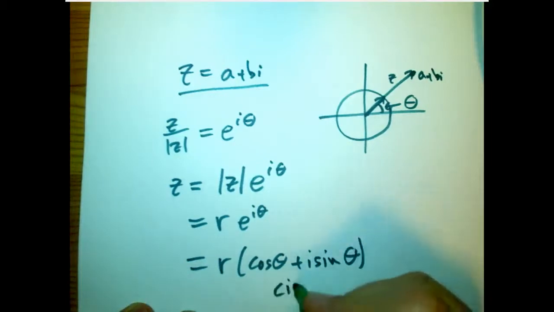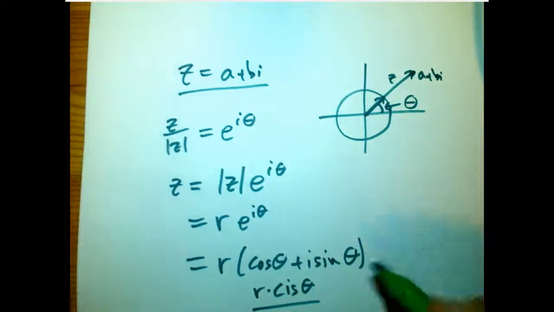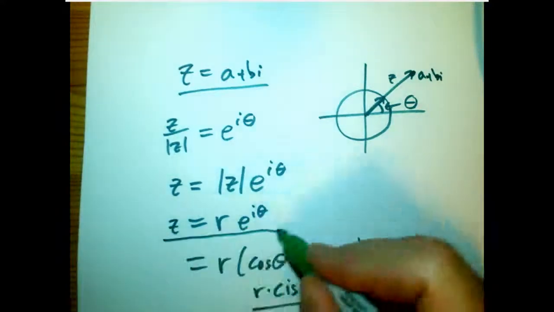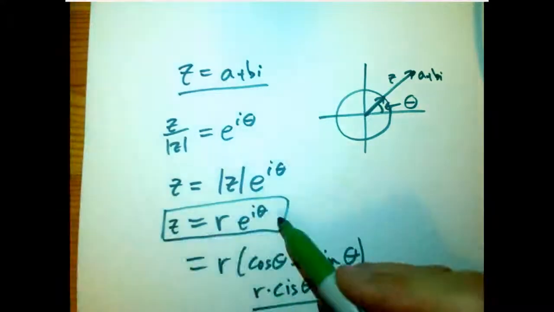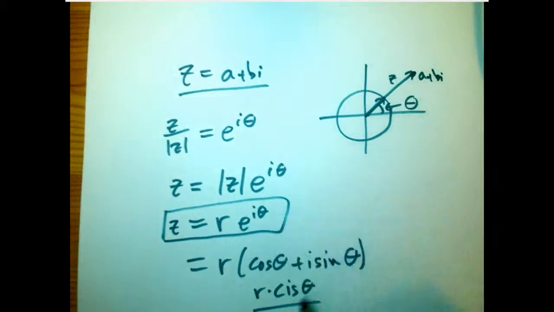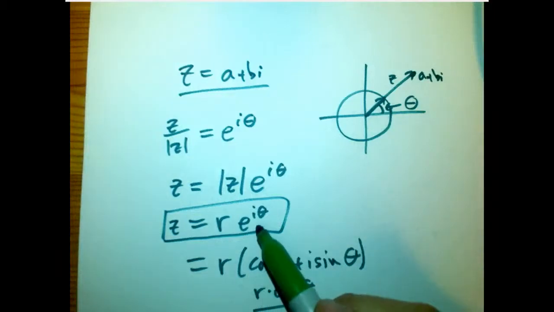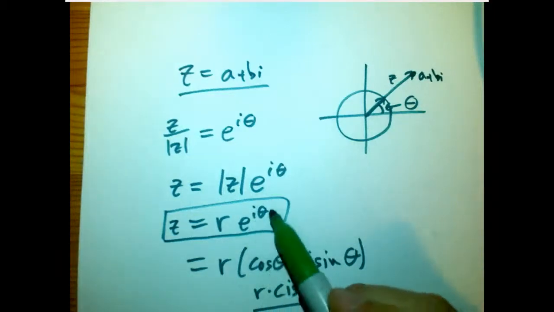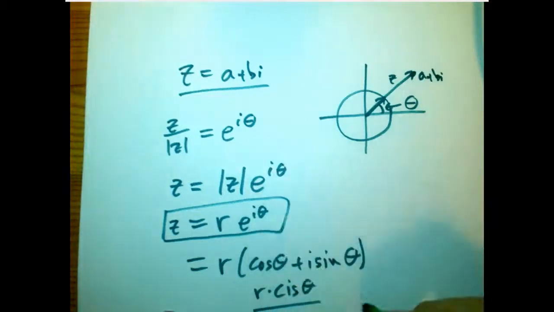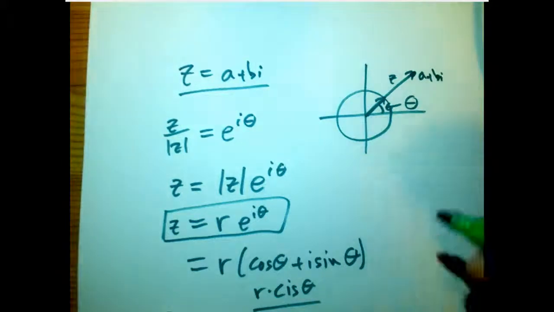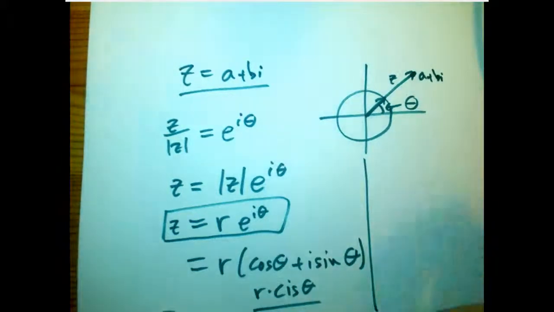This is sometimes called cis theta, cosine plus i sine. But this is much nicer, because it tells us this isn't just some random combination of cosine and sine. When you put these together in exactly this way, you have created the complex exponential for this pure imaginary exponent. And that's pretty awesome. All right, that's a good place to stop.